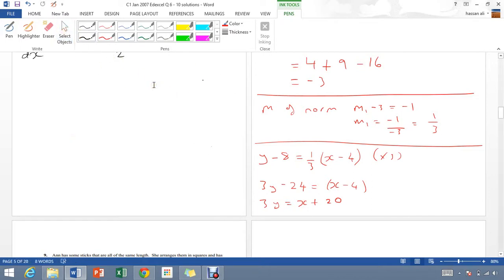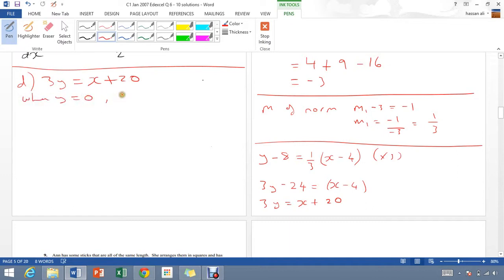Right, so part D is asking you to find the length PQ. Since 3y equals x plus 20, remember when y equals 0, your x will equal minus 20. In other words, you've got 0 equals x plus 20, and if you take that 20 across, it becomes minus 20.